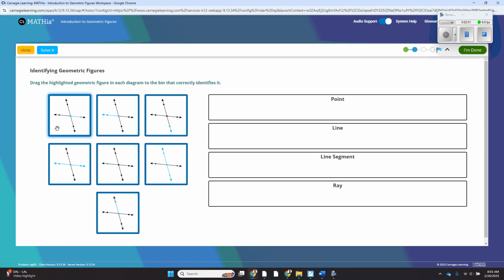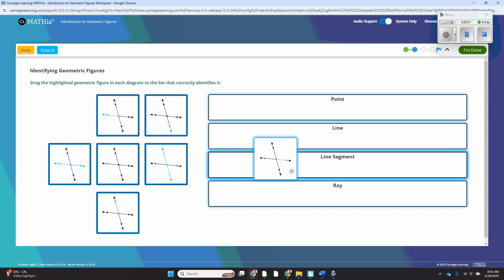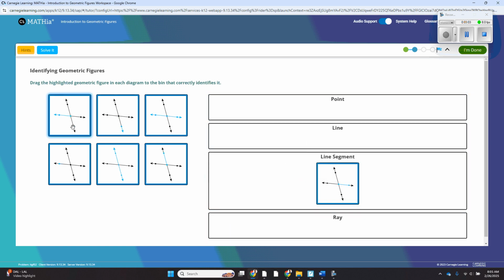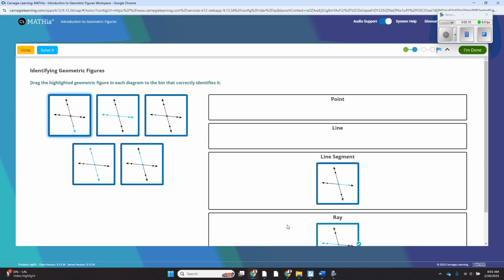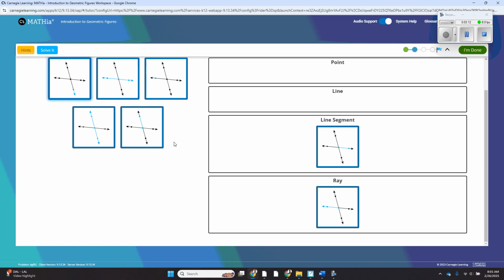But I think it's going to be this section right here. To me, that looks like a line segment. There we go. And this one is going to be a ray. It's continued with the arrow because it starts at one spot and continues in one direction.